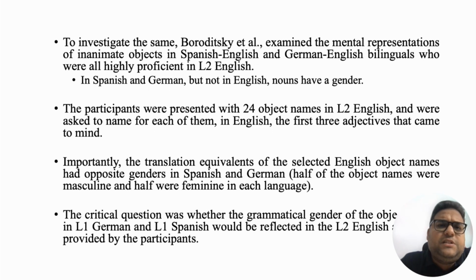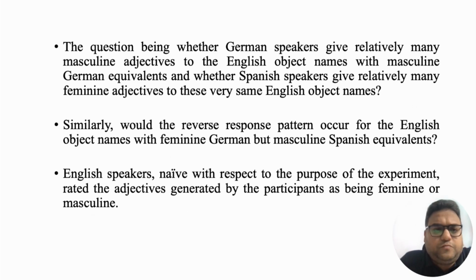Now, the critical question that these researchers were after was whether the grammatical gender of the object in L1 German or in L1 Spanish would be reflected in the adjectives that they would come up with in L2 English.